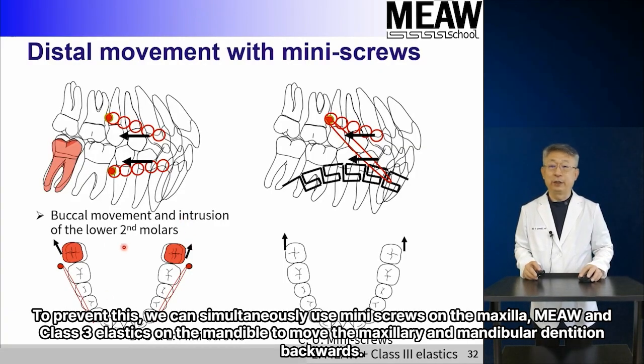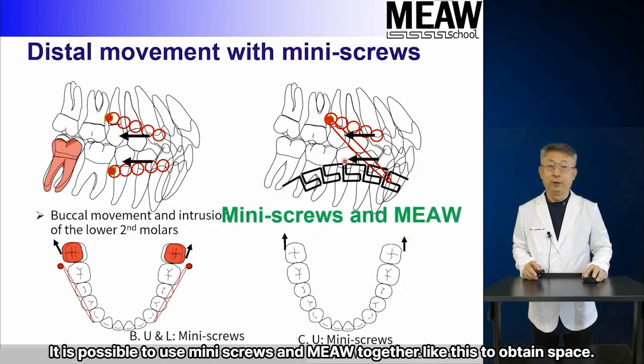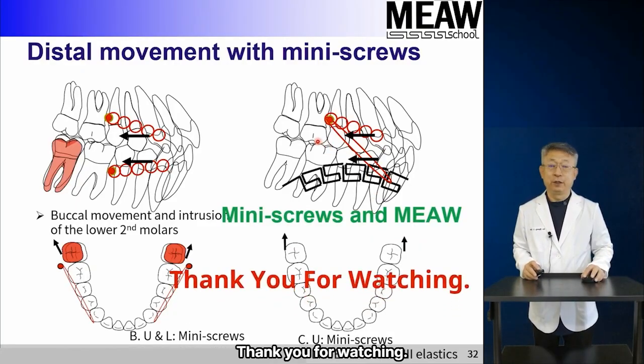To prevent this, we can simultaneously use mini screws on the maxilla, Mio, and class 3 elastics on the mandible to move the maxillary and mandibular dentition backwards. At this time, the premolar region can be extruded like this to maintain the vertical dimension. It is possible to use mini screws and Mio together like this to obtain space. Thank you for watching.